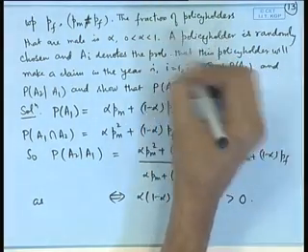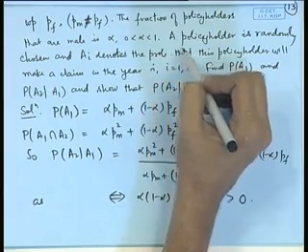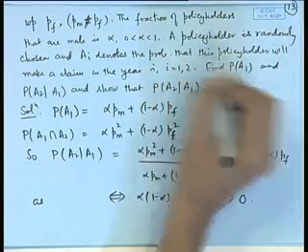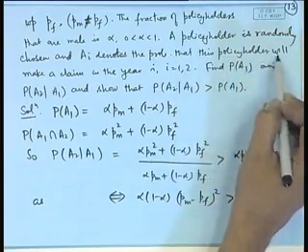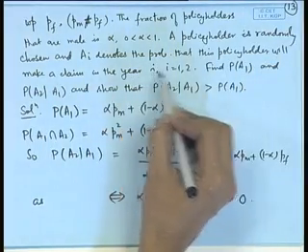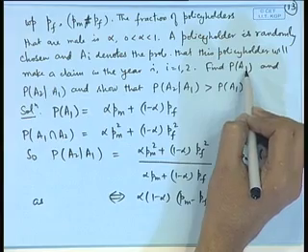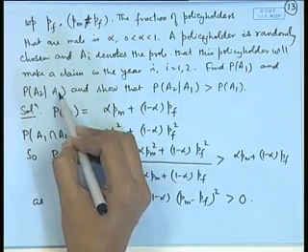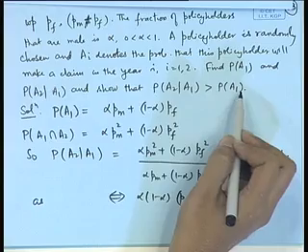The fraction of policy holders that are male is alpha, where alpha is a number between 0 and 1. A policy holder is randomly chosen, and Ai denotes the event that this policy holder will make a claim in the year i, for i equal to 1 to 2. What is probability of A1? What is probability of A2 given A1? In general, show that probability of A2 given A1 is greater than probability of A1.